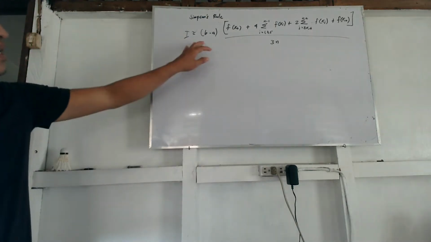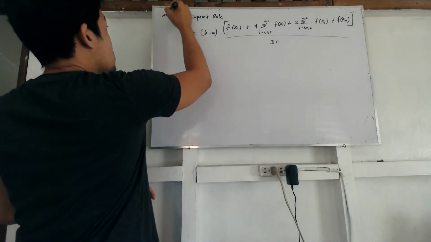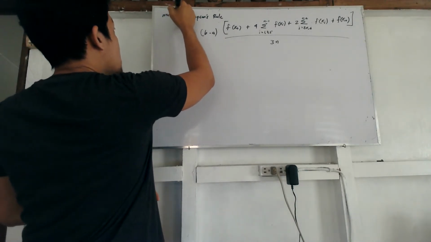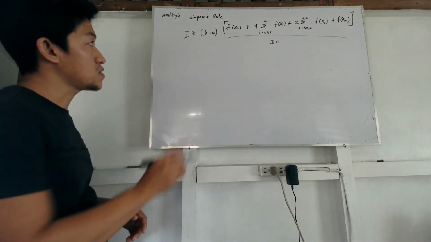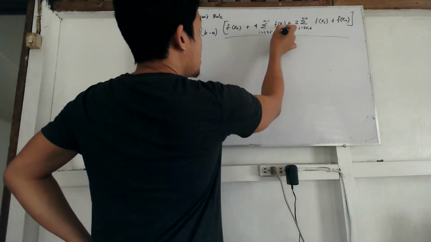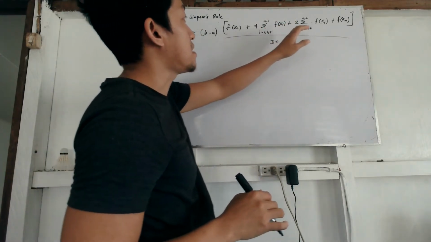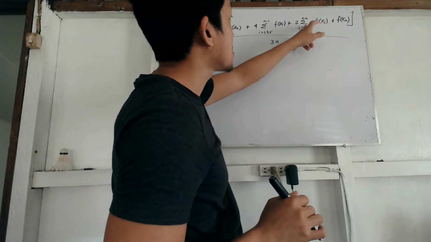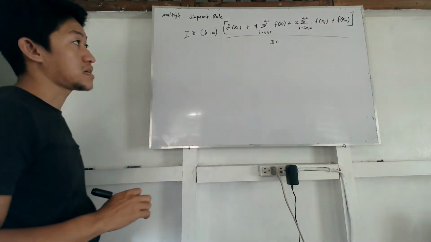So this is the Simpson's one-third rule for multiple segments. You have the summation of f of x sub i for odd numbers, and for even numbers, you have f of x sub j.